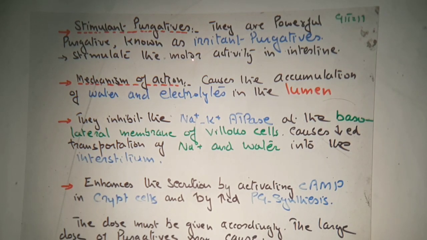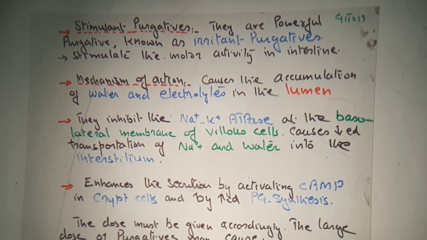Now they stimulate the motor activity in the intestine, that is, they increase the peristaltic movement, increase the bulk material, and increase the irritation of the intestinal cells or the muscles, and due to this irritation there is an increase in the movement of the gut, right? Now the mechanism of action of this irritant purgative causes the accumulation of water and electrolyte in the lumen.